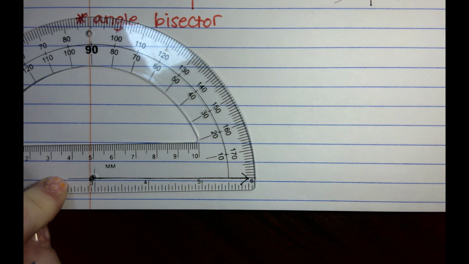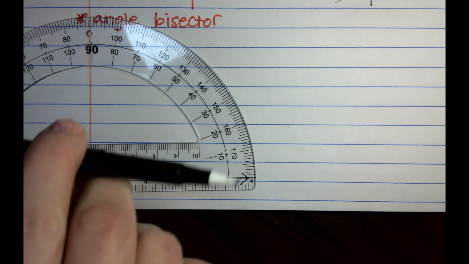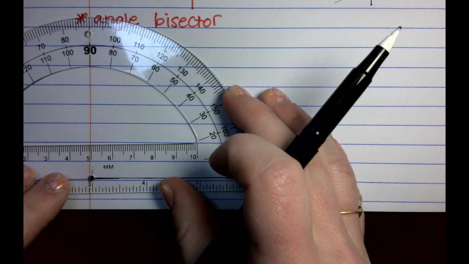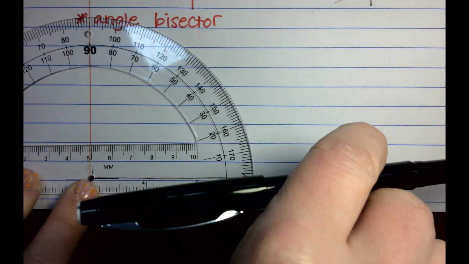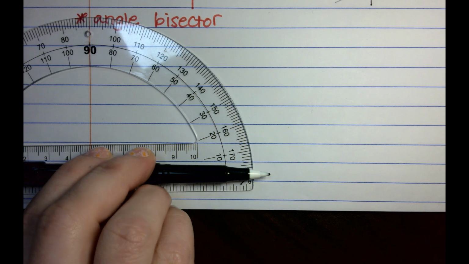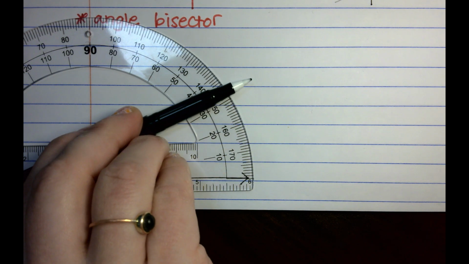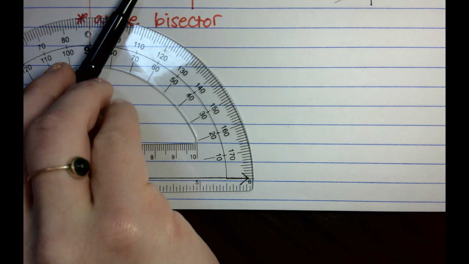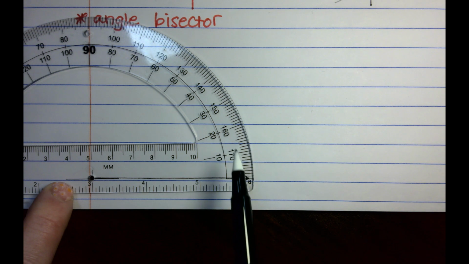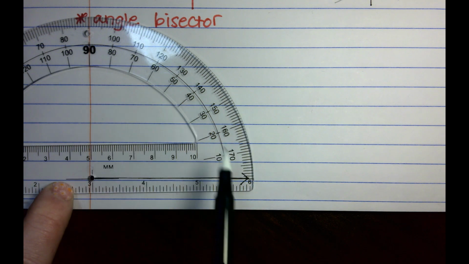Because my angle is pointing to the right, this is where my angle starts and then it opens up this way. So which set of numbers are we using to count, the numbers on the inside or the outside? Inside.